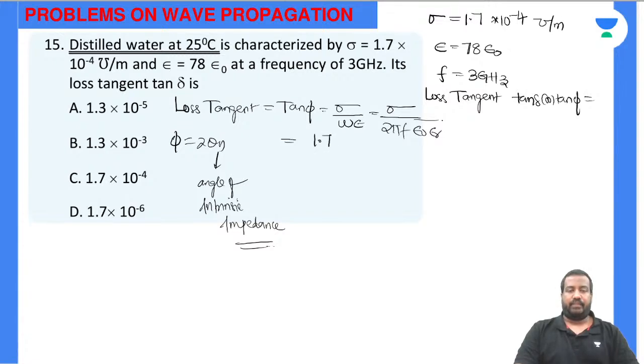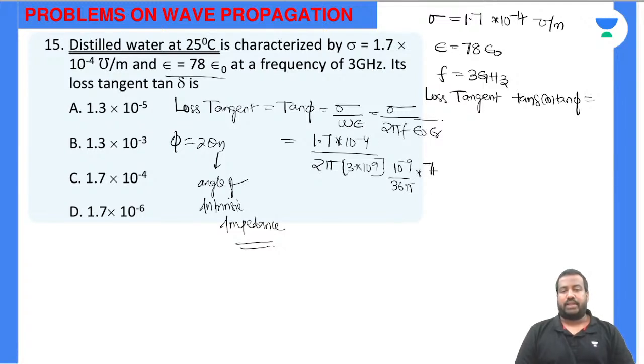Sigma is 1.7 into 10 power minus 4, by 2 pi, f is 3 gigahertz, 3 into 10 power 9, epsilon naught is 10 power minus 9 by 36 pi, epsilon r is 78.